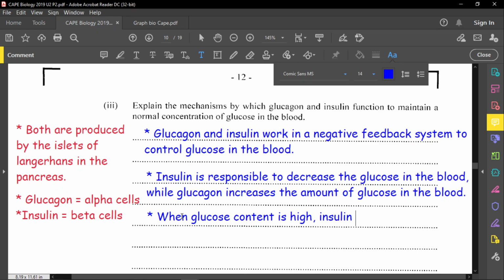The insulin is released, right? And we're going to convert glucose into what they call glycogen, okay? Into glycogen. All right, so that's what is very important right there. So long as glucose content is high, then the insulin will be responsible to convert glucose into glycogen.